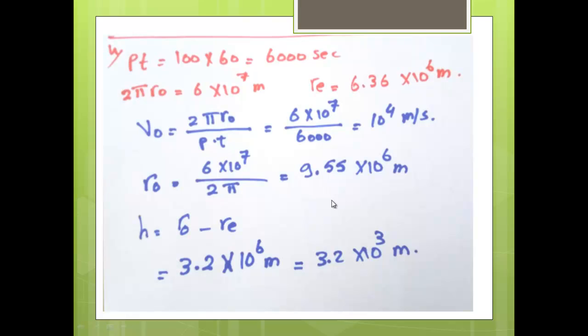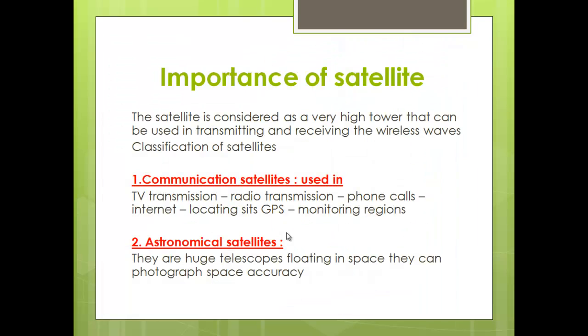Let's subtract the radius of Earth from the R orbit. So the height of the satellite from the Earth's surface will be 3.2 times 10 power 3 meters. These problems are a sample for problems about satellites. You have to solve more. We are going to send you some problems after this video, inshallah.